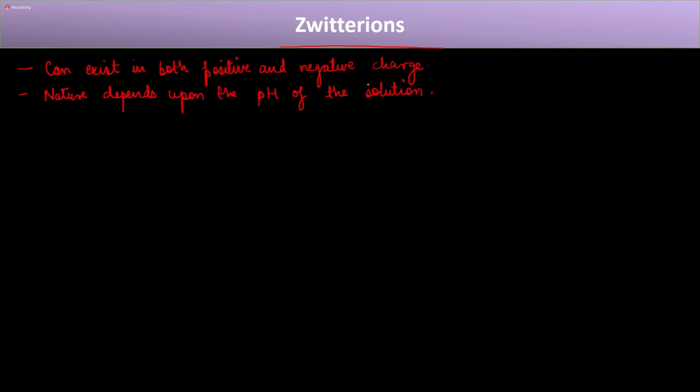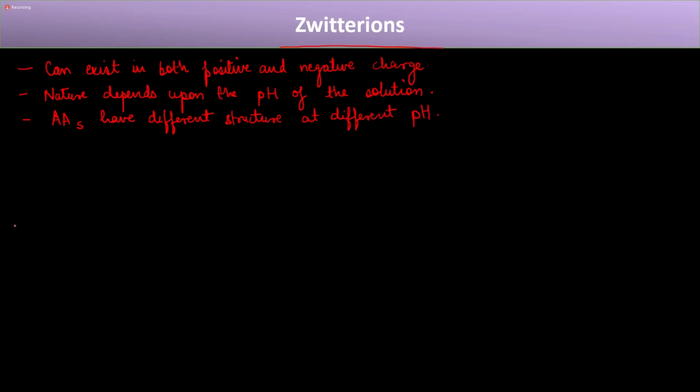Because amino acids exist as zwitter ions, you can say that amino acids have different structure at different pH, because this zwitter ion structure varies with the pH of the solution.